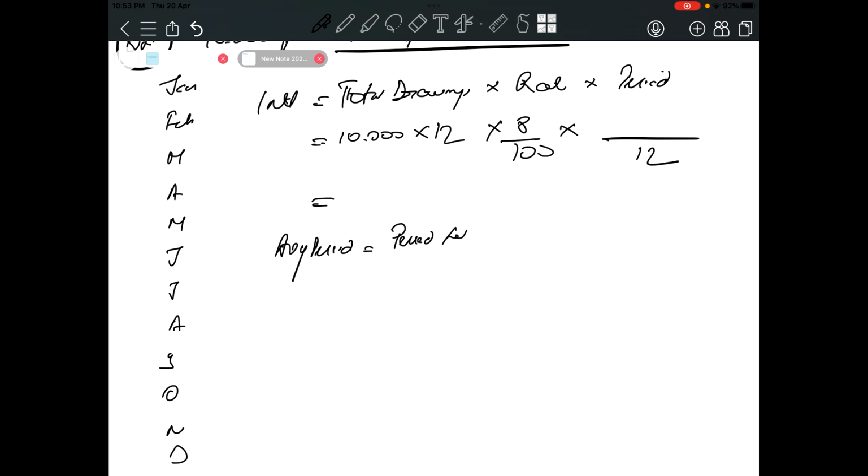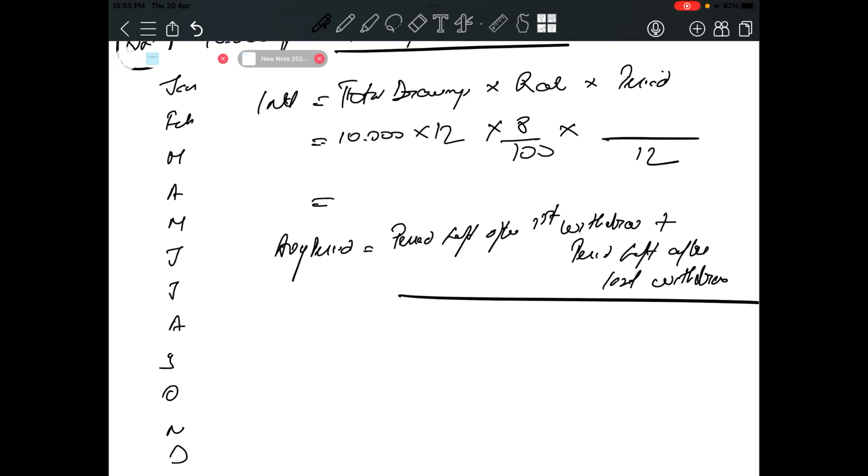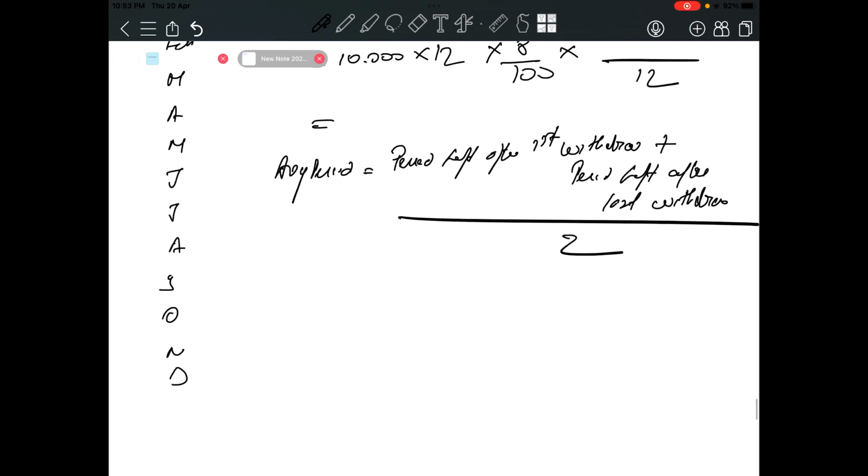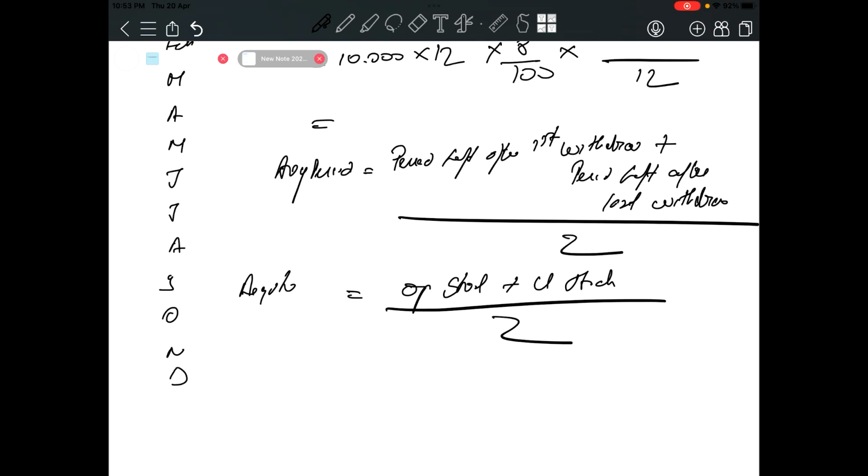Period left after first withdrawal plus period left after last withdrawal, divided by 2. When you calculate the average of anything, what do you do? When you calculate average stock, you do opening stock plus closing stock divided by 2.